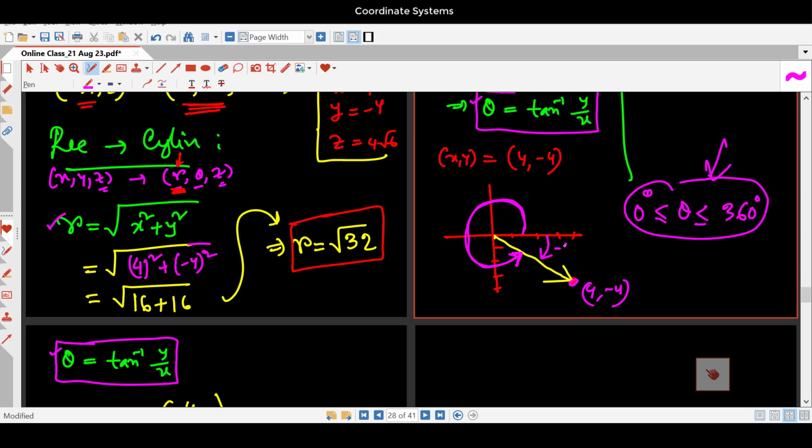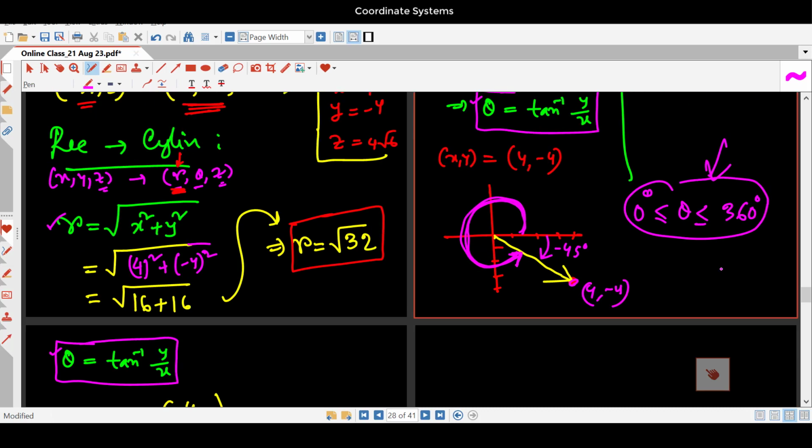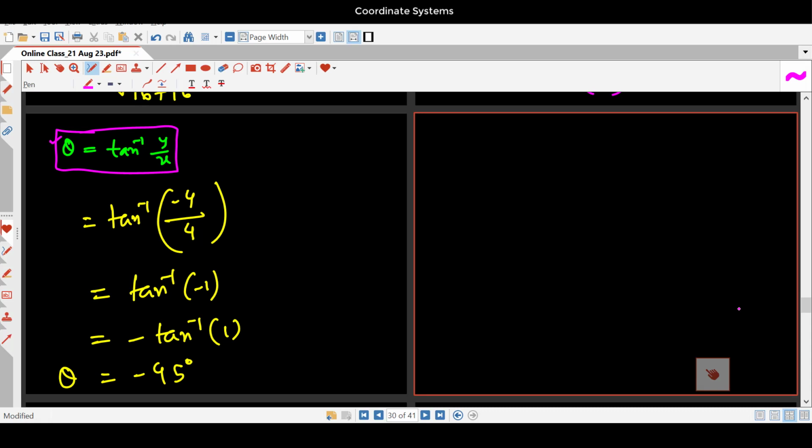We have found minus 45 degree in this direction, but we need this amount. So we have to adjust the angle, otherwise theta will not be in this region. For that we do a simple adjustment: from 360 degree we subtract 45 degree. That means we have 315 degree.